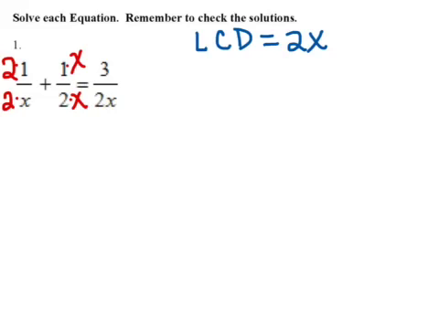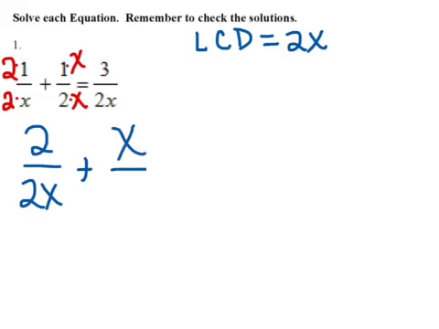So we will rewrite this equation as 2 over 2x plus x over 2x equals 3 over 2x.